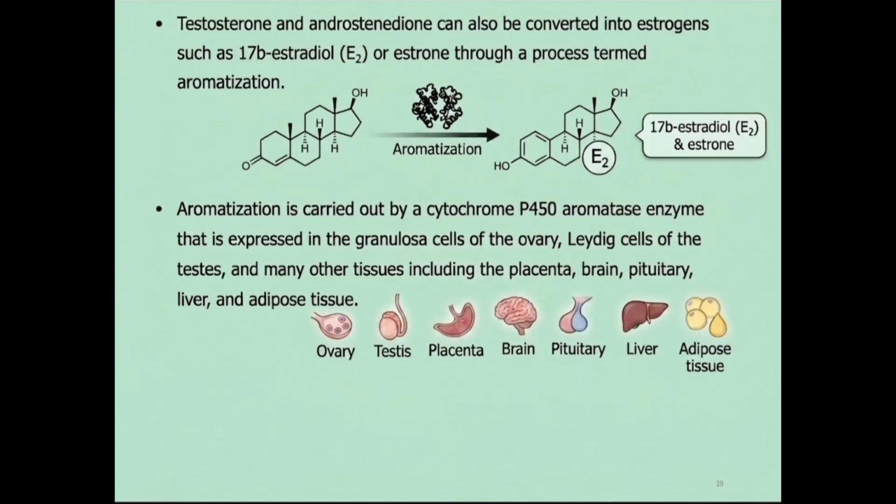Testosterone and androstenedione can also be converted into estrogens, such as 17 beta estradiol, that is E2, or estrone, through a process termed aromatization.